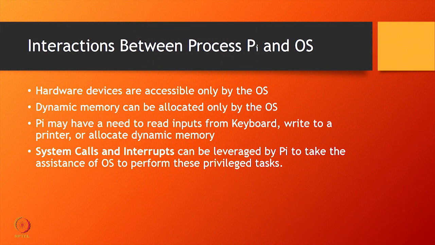So, when I execute a printf, I need the operating system to do a lot more work for me. So, as a user process, I also need access to the operating system. That is why when a page table is allocated for me, there will be some memory allocated for me as a process, but there will be substantially at least equal or larger memory allocated for the operating system to do the work that I am assigning to that operating system, right.